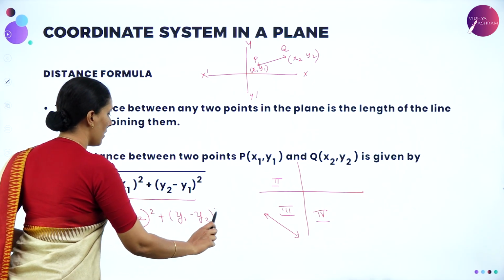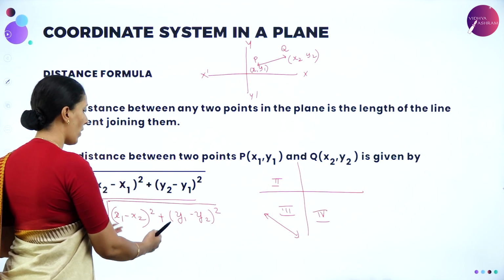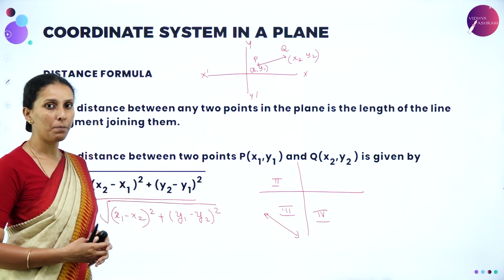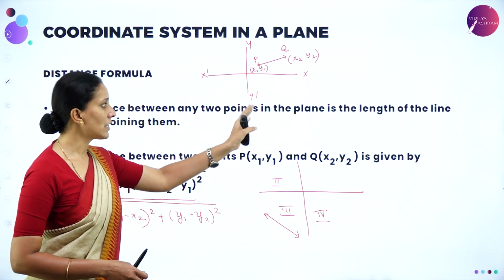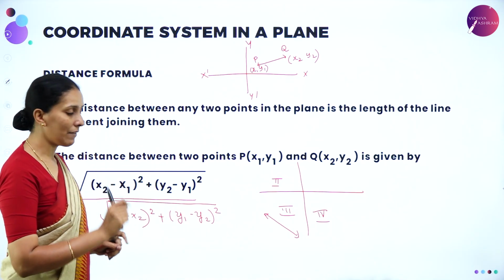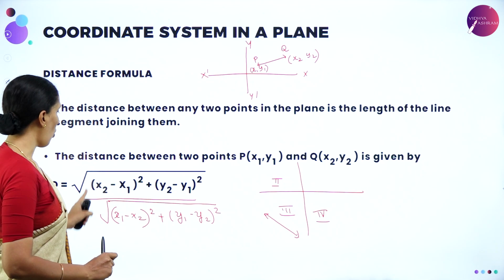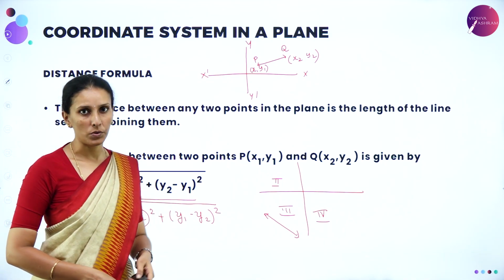It's one and the same because we are squaring the number, it will be positive, and the square root of a positive number is the positive itself. Therefore, the distance between any 2 points is the length of the line segment joining them, given by the square root of (x2 minus x1) whole square plus (y2 minus y1) whole square.